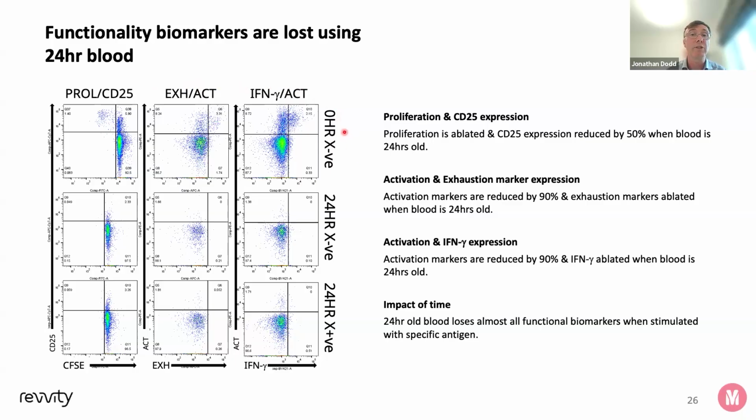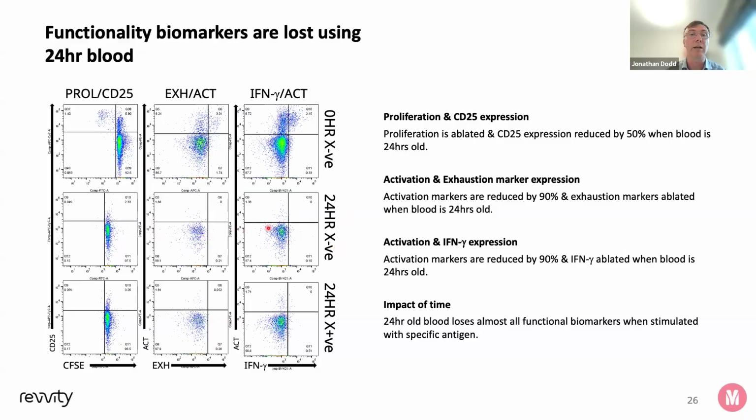So you can see the top row is freshly isolated cells that have not been treated with T-cell Extend, and we can observe strong proliferation, strong activation and exhaustion marker expression, and good interferon gamma expression. However, when we use the sample that had been processed after 24 hours of storage in the absence of Extend, we observed none of these features.